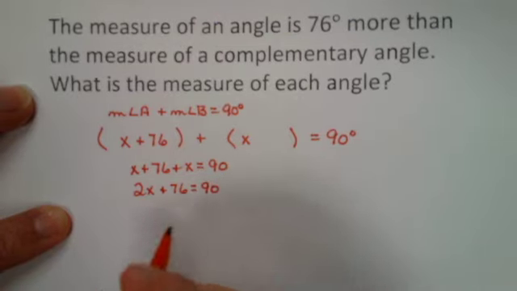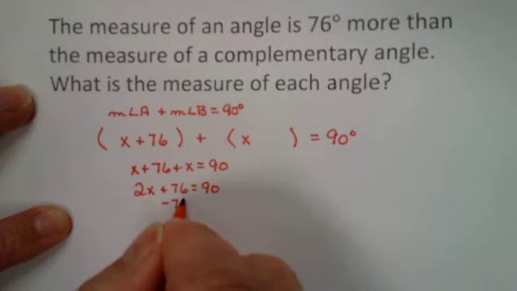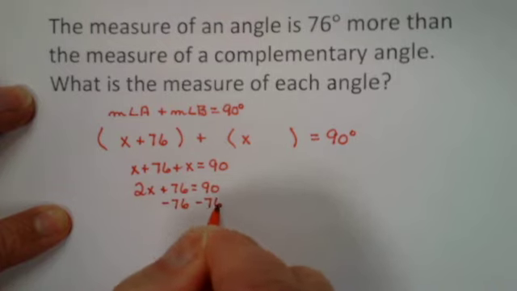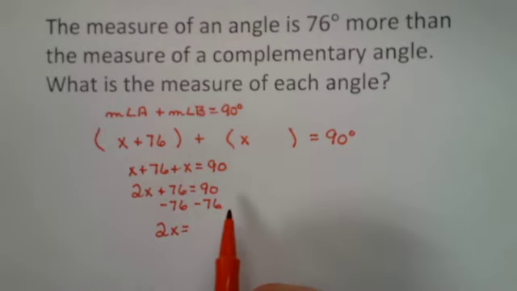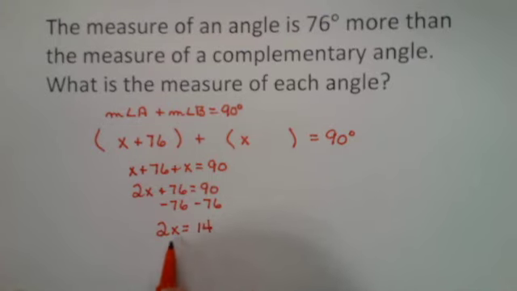The opposite of adding 76 is subtracting 76. I need to subtract 76 from both sides. 90 minus 76, 14. Divide both sides by 2. x is equal to 7.